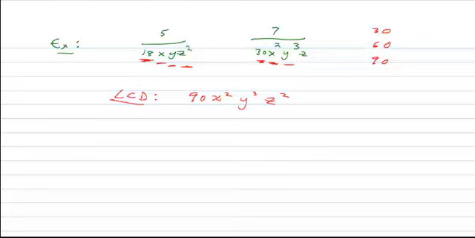Okay, now we have to rewrite these two expressions with that denominator. Well, the numerical part, we said, what was it, 18 times 5? So I know I'm going to have to multiply numerator and denominator by 5.